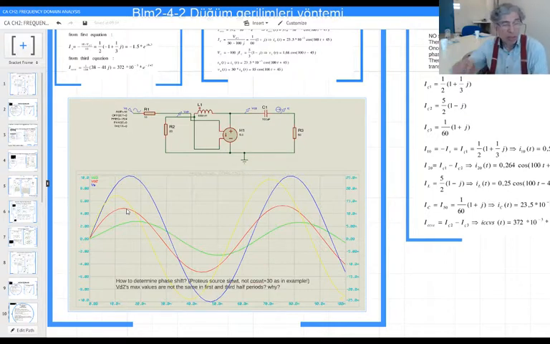If you change the scale here from 100 milliseconds to, let's say, 10 seconds, you are going to see all these peak values are the same, because this is a particular solution. So the transient part affects these peak values as well, as seen here. So that's the end of this video then.